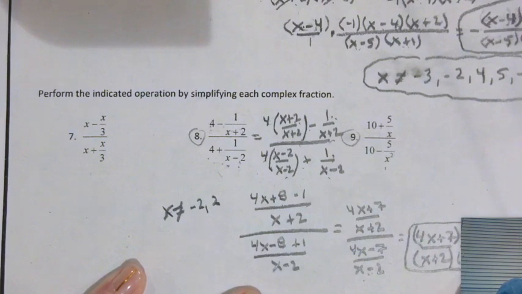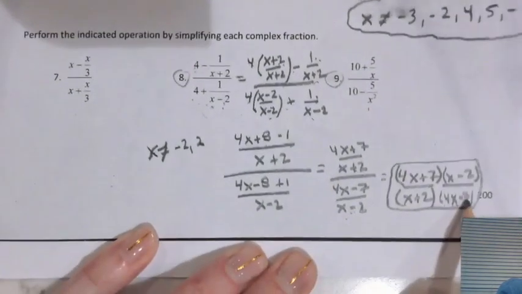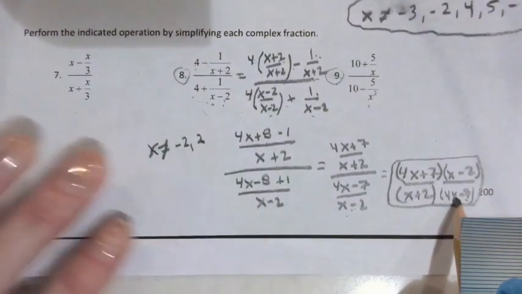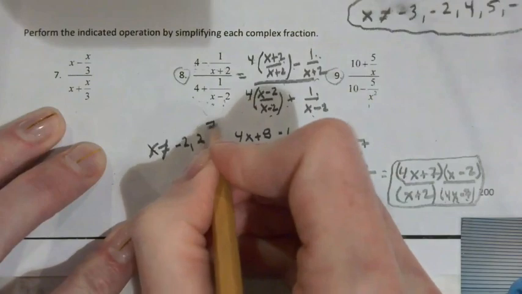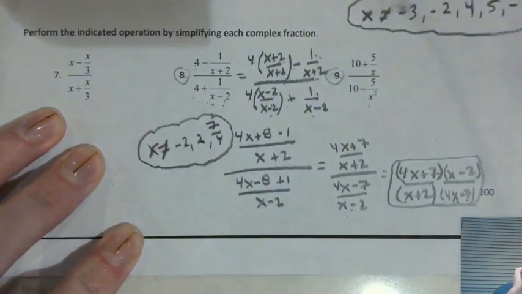Make sure there's one more restriction. 4x minus 7 will be 0 when x is 7 over 4. So then we also have a 7 over 4. Okay.